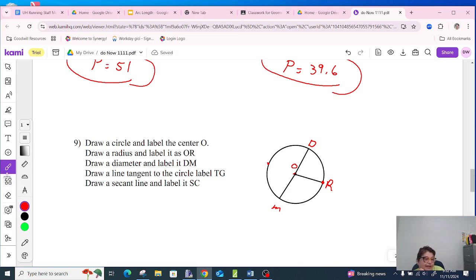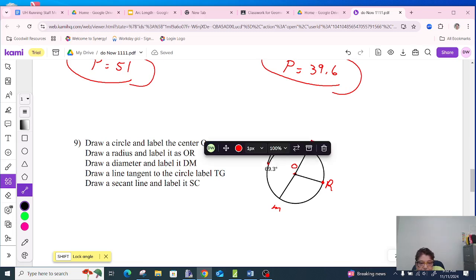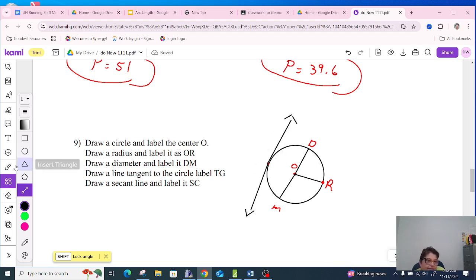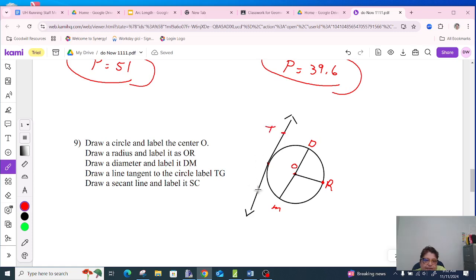I just want you to be able to recognize it. From this point, it should only touch at that point, right? Mine's kind of bendy and it shouldn't be. And this is TG. So one point T, another point over here is G.